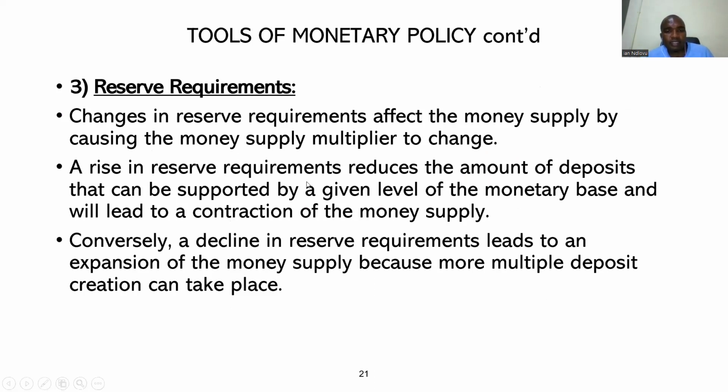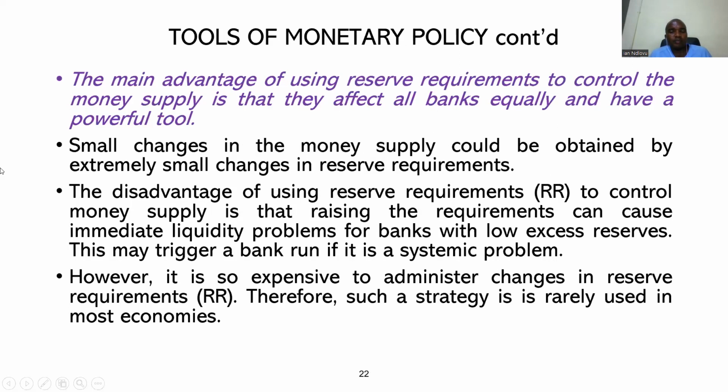A rise in the reserves requirements reduces the amount of deposit that can be supported by a given level of the monetary base and will lead to a contraction in money supply. Conversely, on the flip side, a decline in the reserves requirement ratio leads to an expansion in money supply, because banks can now loan out more money from the deposits at their disposal.